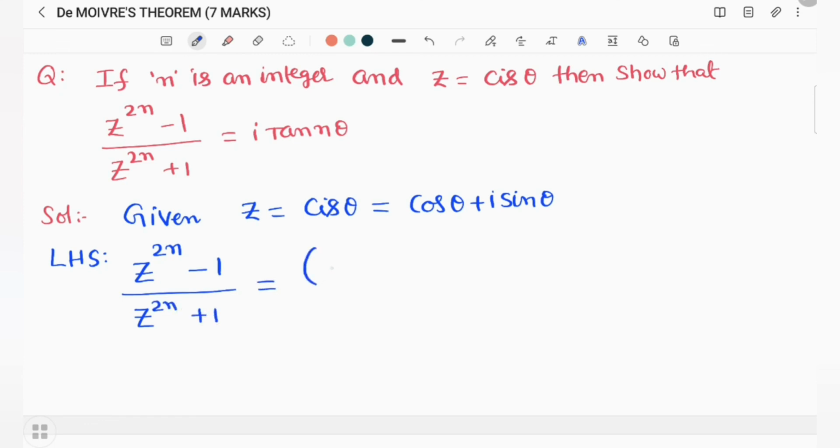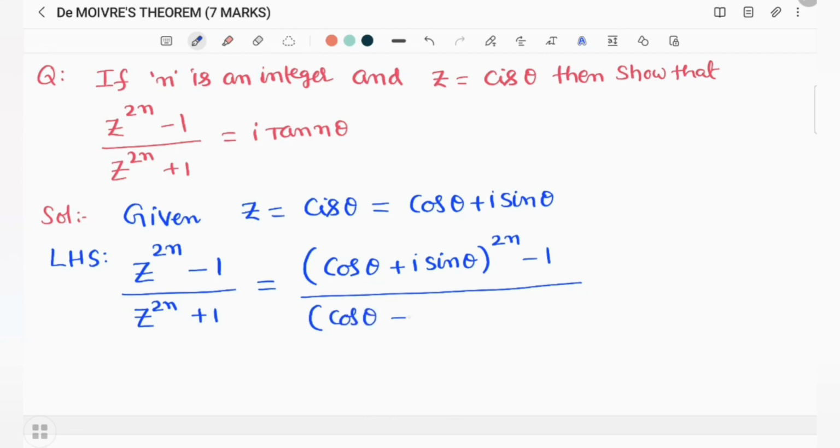Z value is cos θ + i sin θ, whole power 2n − 1, by cos θ + i sin θ, whole power 2n + 1.